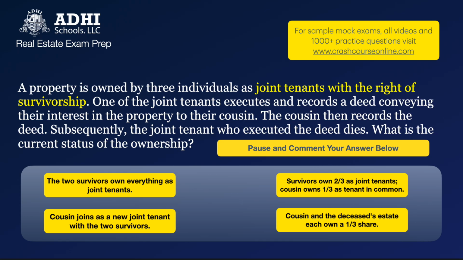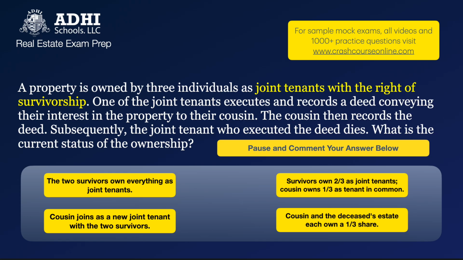The other question is, how much does the cousin own? He owns one third. How do I know that? Because joint tenancy also has what we call a unity of interest. All joint tenants must own an equal share. All joint tenants have to take title at the same time, through the same title, and have the same interest. So when the person sold the property to their cousin, they were selling what they owned.